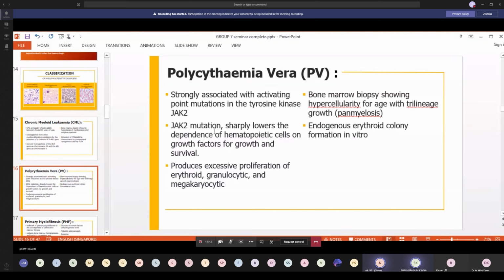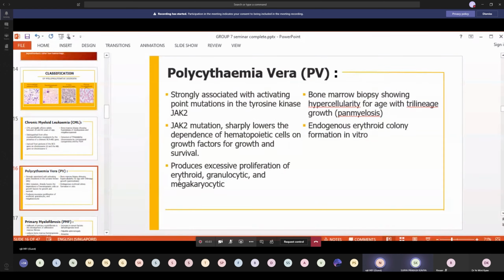This JAK2 mutation sharply lowers the dependence of hematopoietic cells on growth factor for growth and survival, producing excessive proliferation of erythroid, granulocytic, and megakaryocyte lineages. Remember the myeloid lineage when you come to this part.